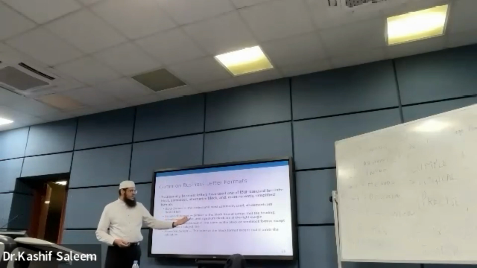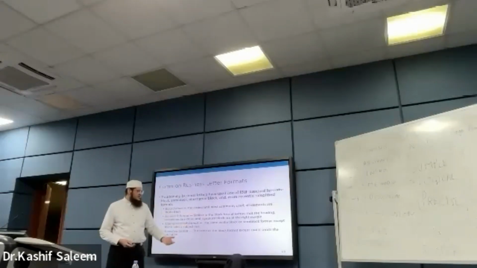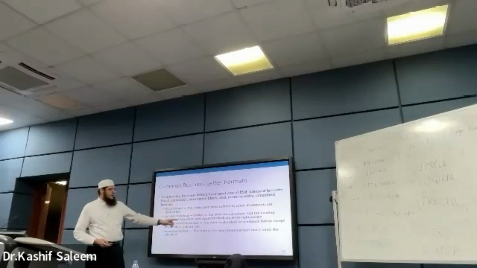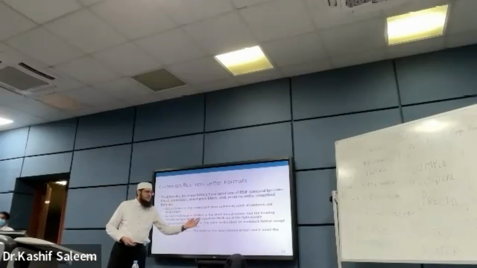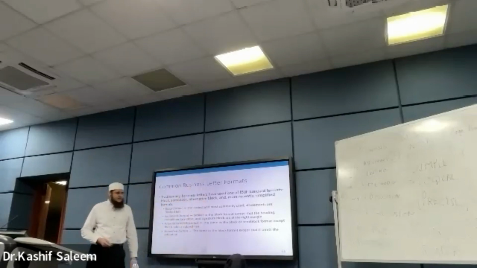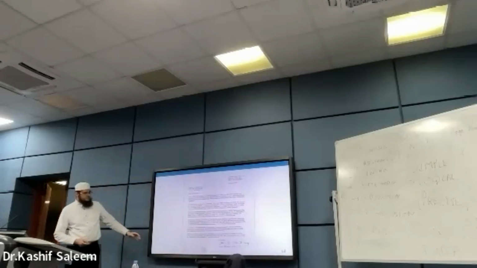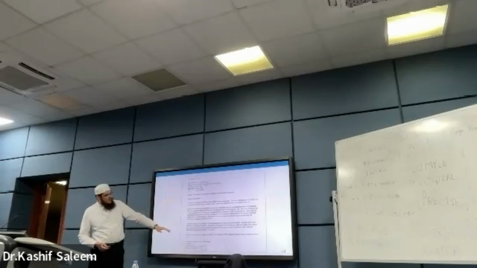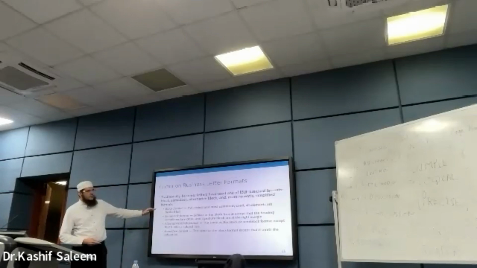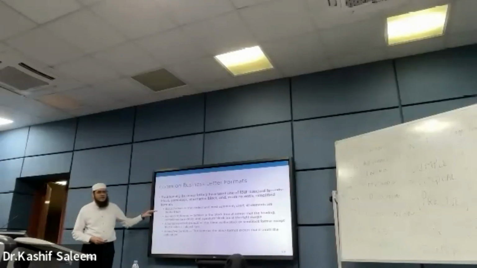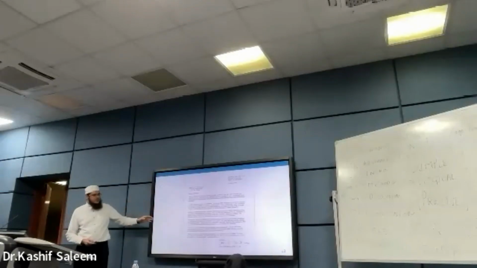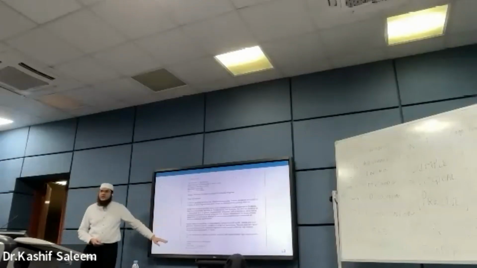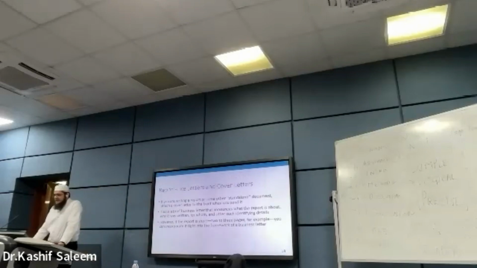Why? Because it says the heading and signature block are on the right side. Here the subject is there, so it comes under all elements flushed on the left side, which is block format.